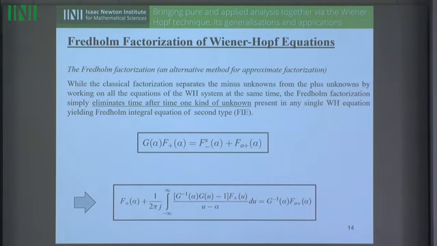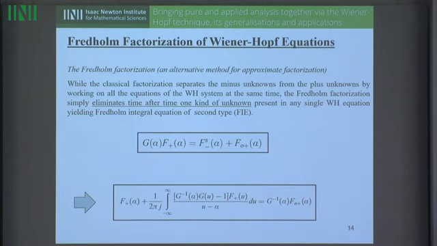The procedure from here to here uses the contour properties that we have shown at the beginning of the presentation. The aim is to eliminate one of the unknowns, the plus or the minus unknown, by contour integration and get finally the Fredholm integral equations.